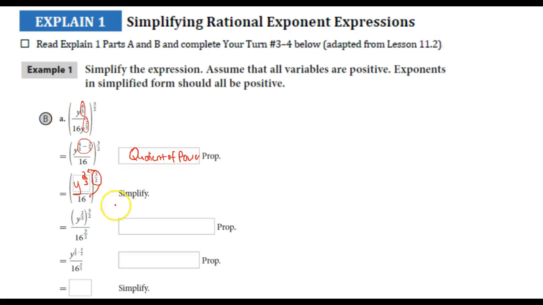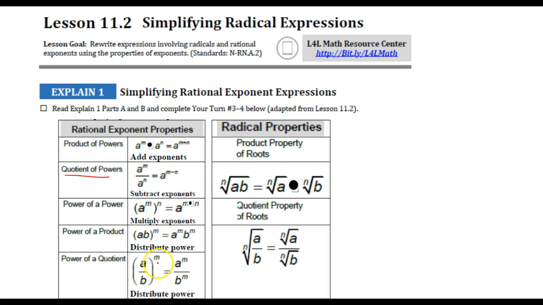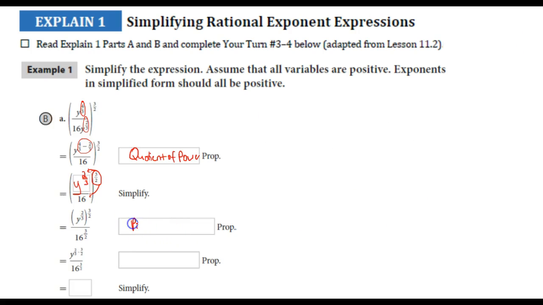So looking back at our reference sheet, distributing an outside exponent to what's inside is called the power of quotient.